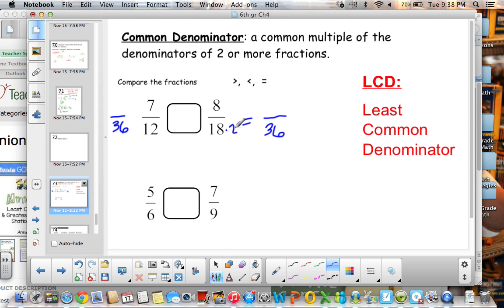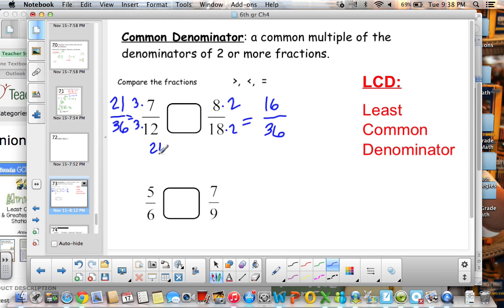Whatever I do to the bottom, remember I have to do to the top. So 8/18 would be the same as 16 36ths. 12 times 3 would equal 36, so 7 times 3 equals 21. So we have 21 36ths and 16 36ths.